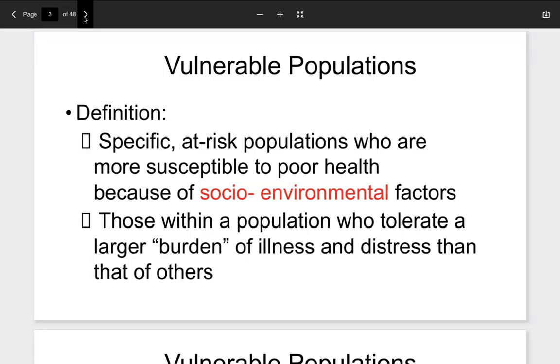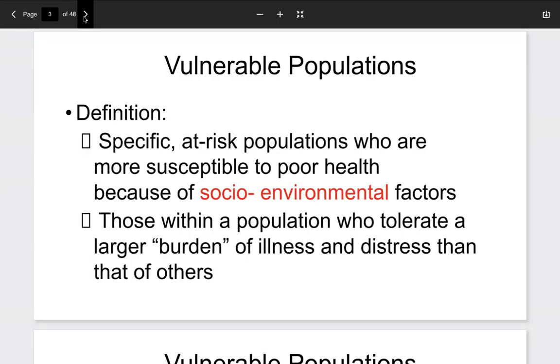The social determinants of health do regularly come up in this course. So understanding that vulnerable populations are more susceptible because of these social determinants of health is key.